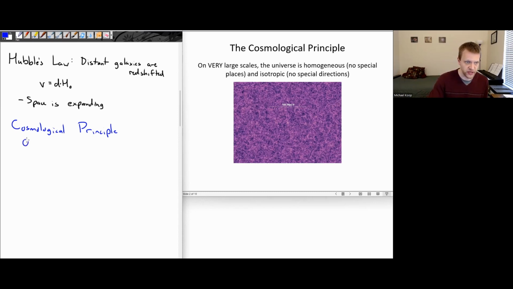So on very large scales, let me back that up just a little bit. On very large scales, there are no special locations, and no special directions.